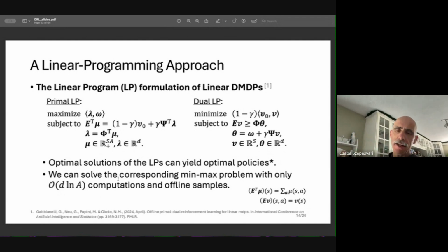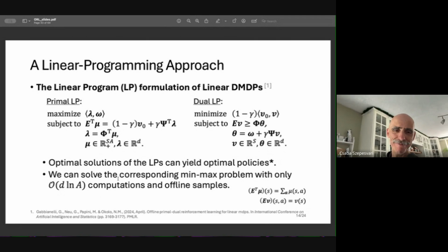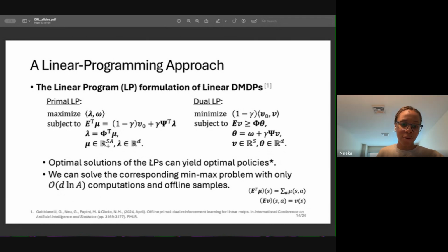Coming to the new thing, we will clarify all this. Okay, good. Yeah, sorry. So in summary, this is not properly stated, but basically you can approximately solve this LP with some further reductions with poly d log a computations and samples. And this is the complexity for an iterative method.